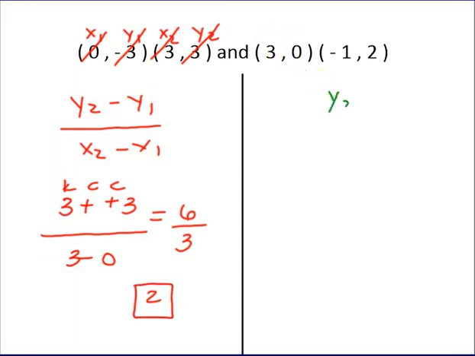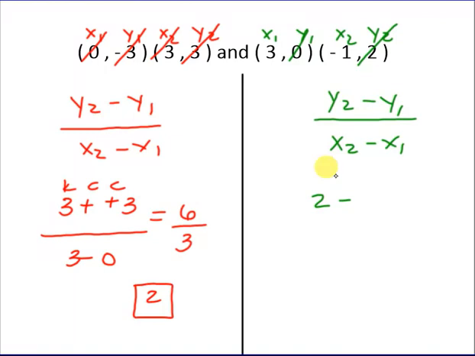Let's do this one over here. y2 minus y1 over x2 minus x1, x1, x2, y1, y2. So I have 2 minus 0 over negative 1 minus 3.